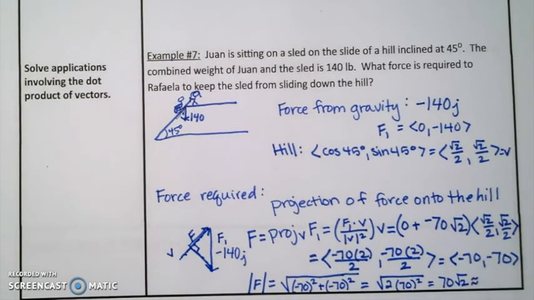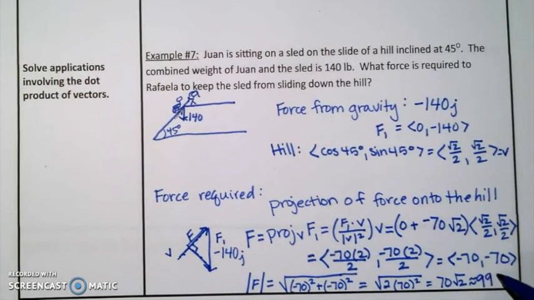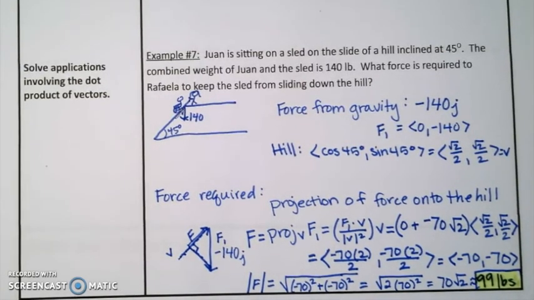Using a calculator, this is approximately 99 pounds. So the force that needs to be applied in order to prevent the sled from sliding down the hill is 99 pounds.